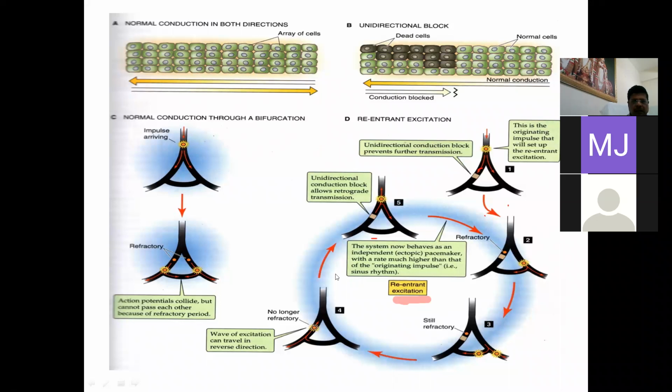The refractoriness is no longer there. And that unidirectional conduction block allows retrograde transmission of the impulse. That impulse will again go in the branch, go down, go in the connection. So you have a re-entrant excitation. This type of movement is called a circus movement.